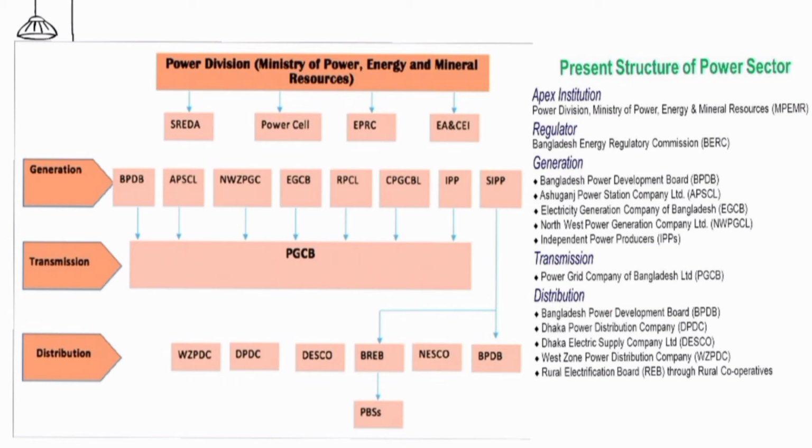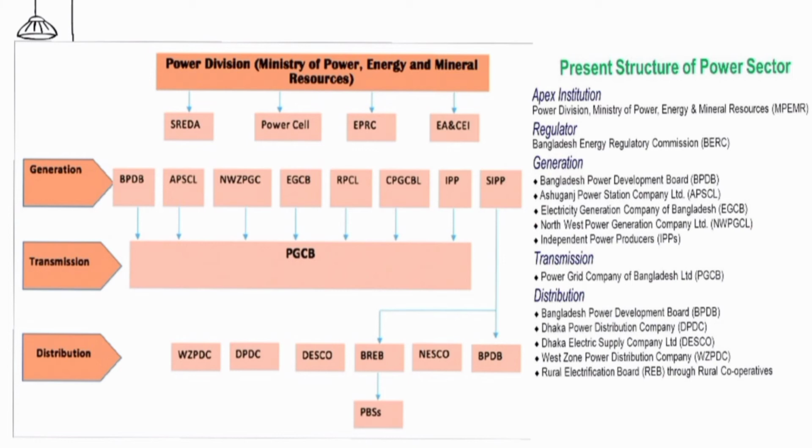First of all, the power generation companies generate power and then they supply it to the transmission company, Power Grid Company of Bangladesh Limited, that is PGCB. The transmission company then supplies bulk power and then the distribution companies transfer electricity to the ultimate consumers. After PGCB distributes the power to the distribution companies, the consumers get electricity.